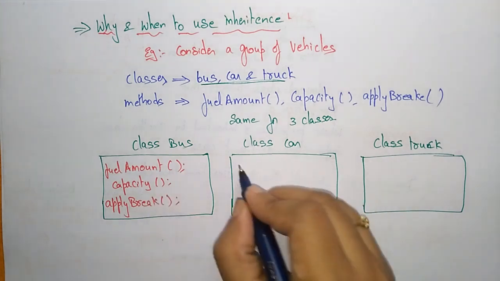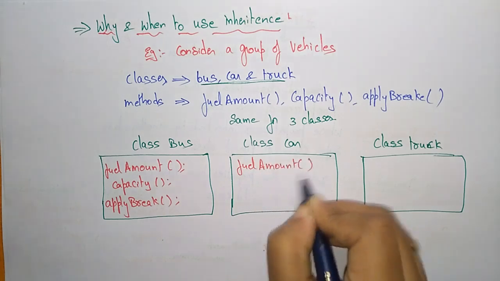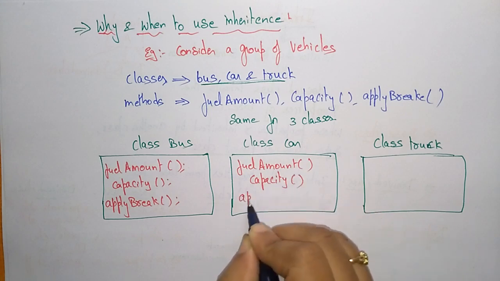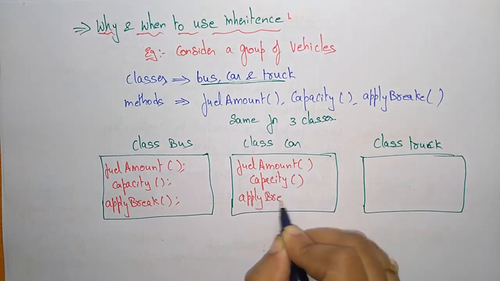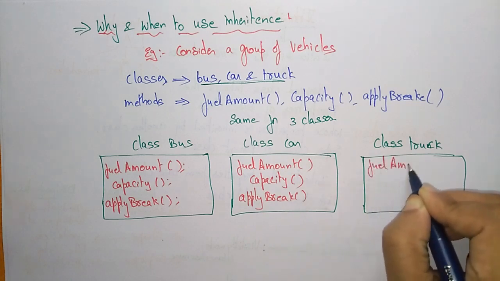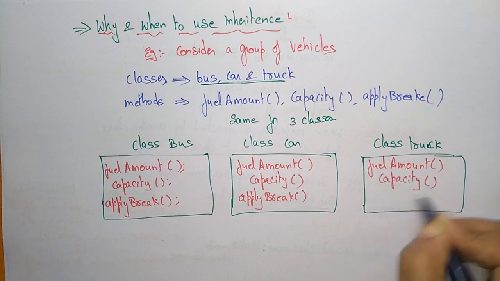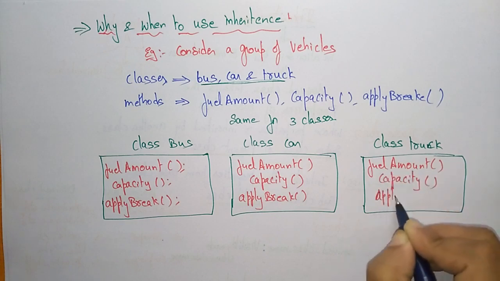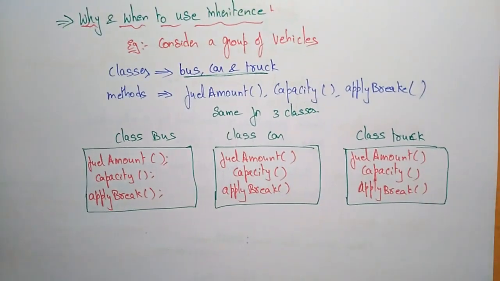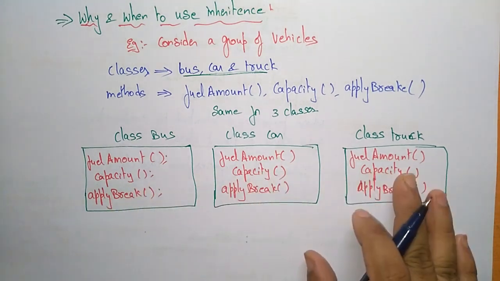In the same way, for the class car also, you have the fuel amount, capacity, and apply brake methods. For class truck also, fuel amount, capacity, and apply brake. So here we are using the same methods for these three classes.